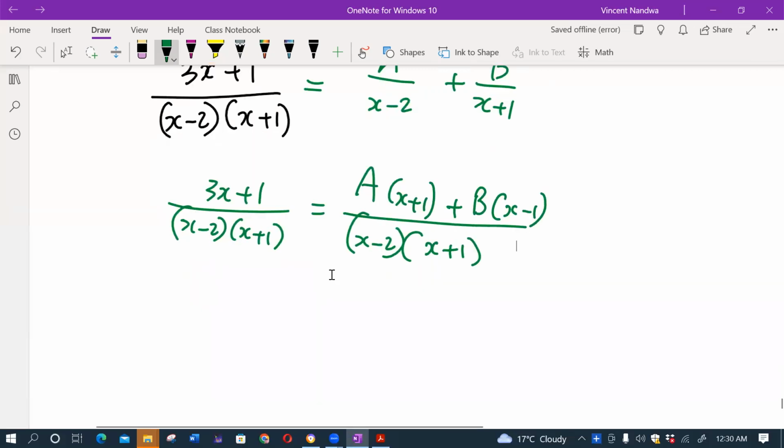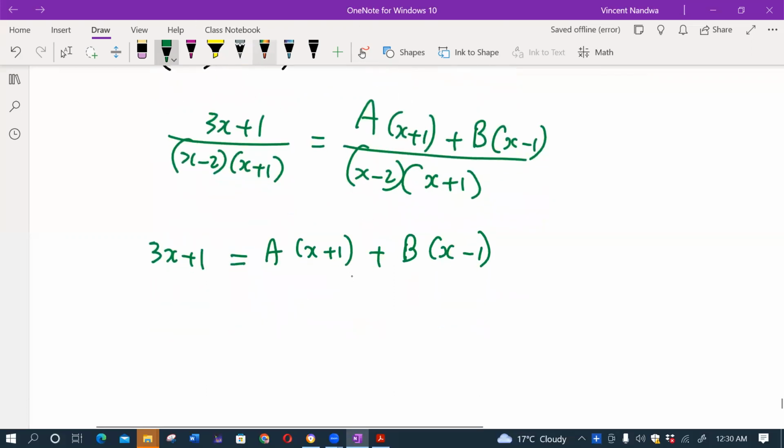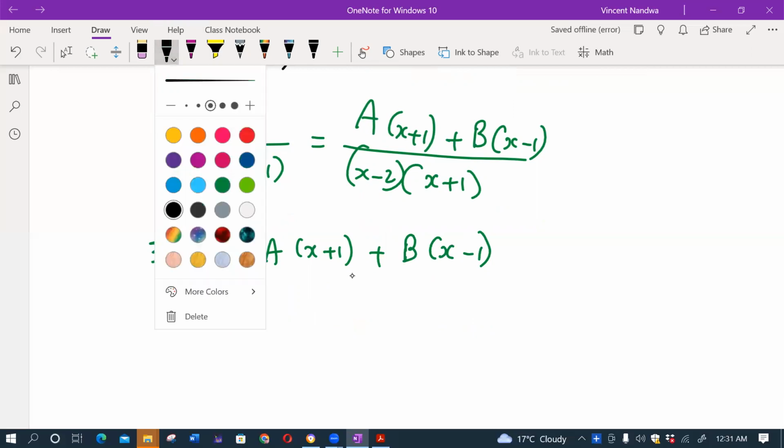So for the two sides to be the same, 3x plus 1 should be the same as a into x plus 1 plus b into x minus 2. Now, one way of solving for a and b is to expand the right-hand side and compare coefficients, or you can eliminate one unknown at a time and solve for the other unknown by fixing the values of x.